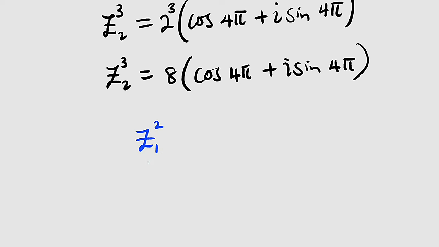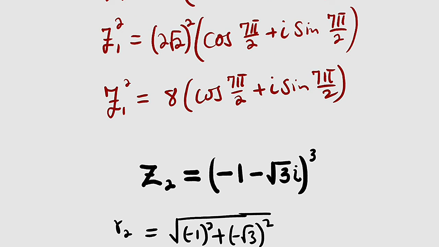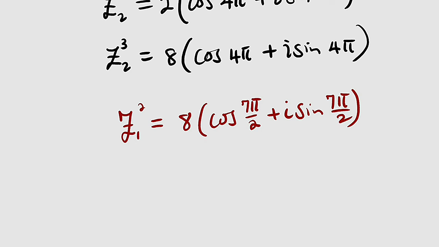Z1 to the power of 2 divided by Z2 to the power of 3, which is equal to, you divide their radius. They have the same radius this time around, right? 8, 8. Let me even bring this one closer. So look at it here. Z1 squared divided by Z2 to the power of 3. This is equal to, you divide their radius together. You have 8 divided by 8, right?